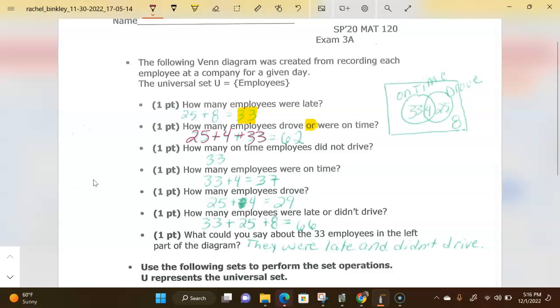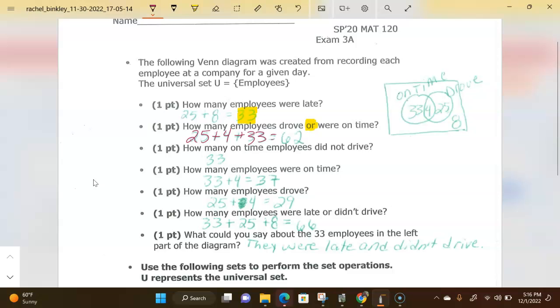Those are all of the employees who drove, and then all of the employees who were on time was 33. I do not need to add in the 4 again because those 4 employees have already been counted. So altogether, we have 62 employees that either drove or were on time, or both. Those 4 in the middle were both, right?